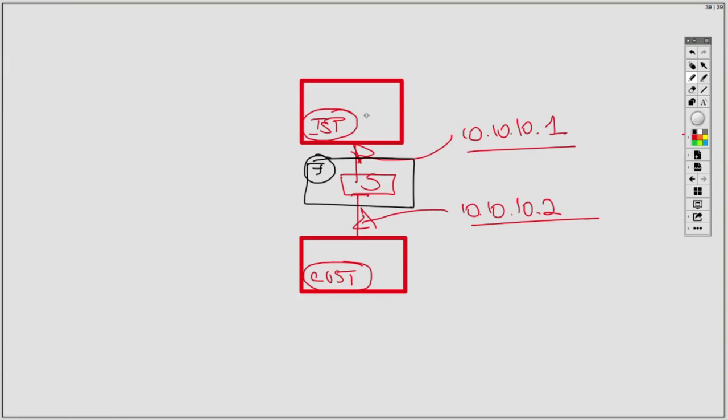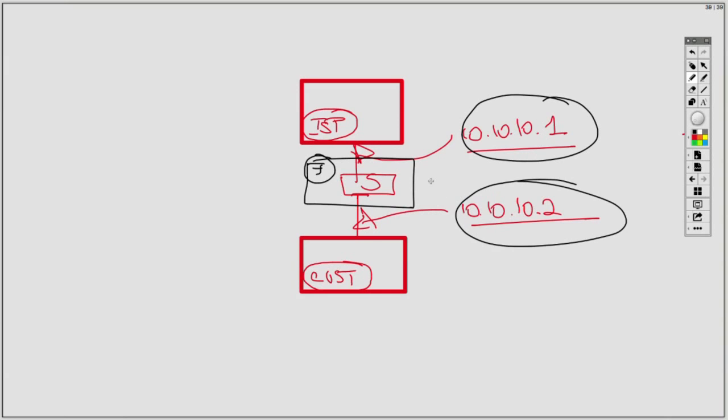You have to put the firewall in layer 2 mode, because you want the devices connected, the layer 2 devices connected on the two sides of the firewall, to be in the same subnet. So that means the firewall has to be deployed like in layer 2 mode. It's going to behave like a switch, but also like a firewall at the same time.